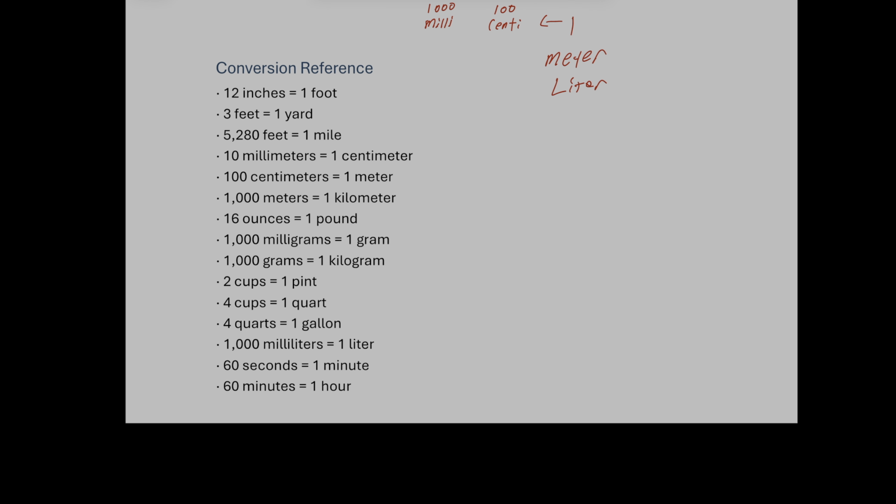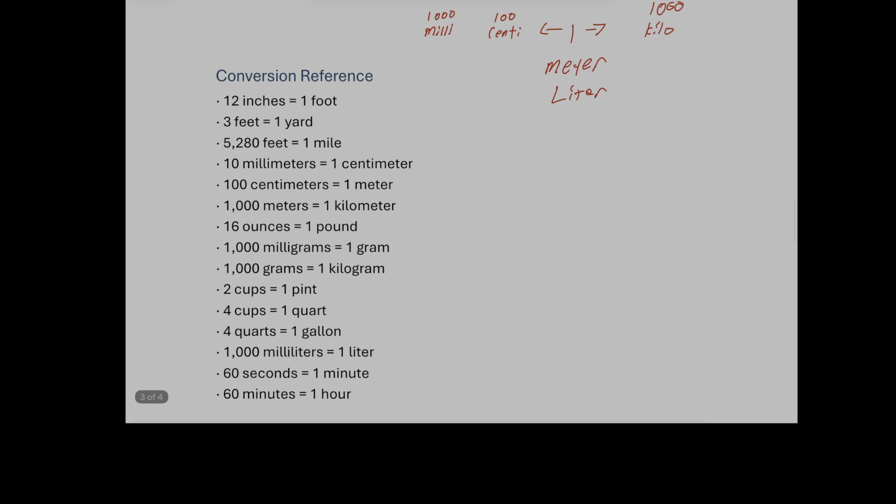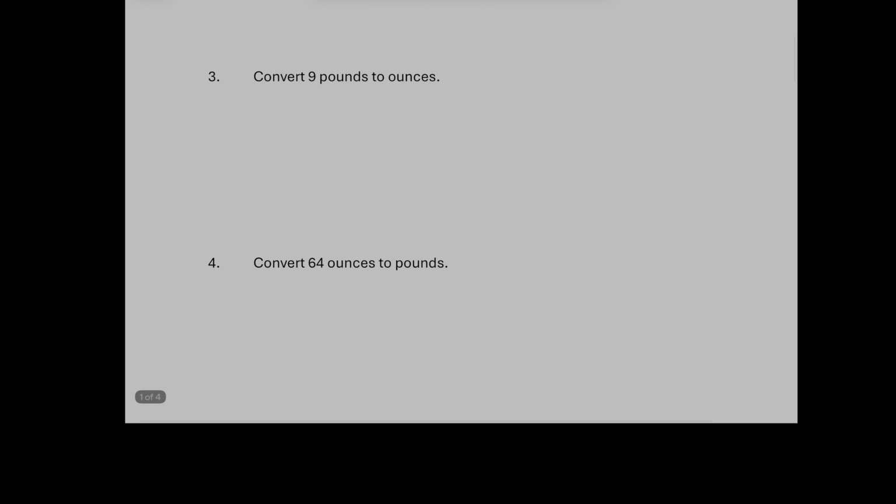Another one that's good to know is kilo, and that's 1,000, but the other way. So 1,000 meters make a kilometer, or 1,000 liters make a kiloliter. Just knowing your centis, your millis, and your kilos would help out a little bit. And we'll just go back and look at things as we need to know them. All right, let's go ahead and just get started.